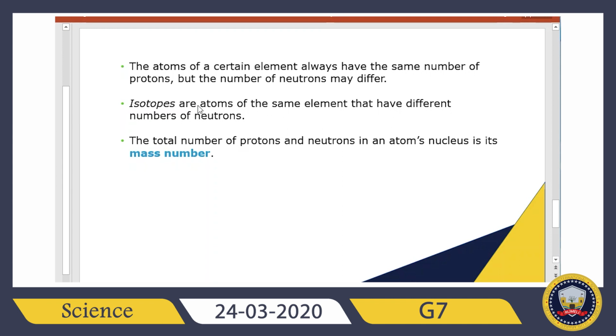Sometimes we can see isotopes in the topics that we are going to discuss. So just keep in mind that we may have isotopes of the same element, but most of the time the atoms of an element will have the same number of protons and neutrons.